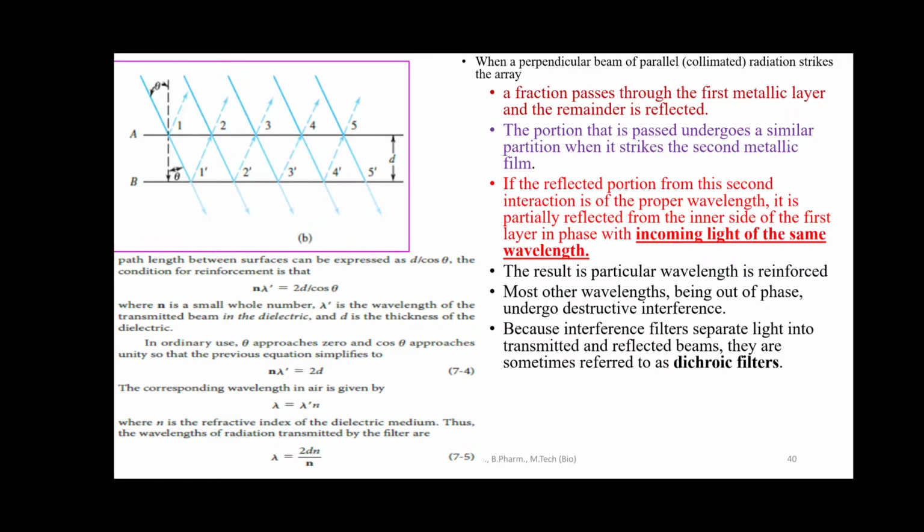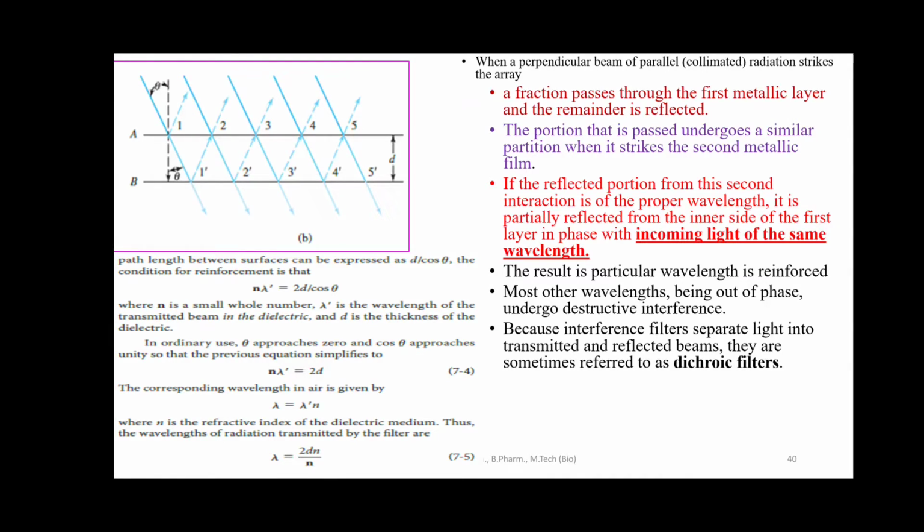First of all, at the first metallic film, the light rays get transmitted and reflected, and the same thing happens in the second metallic layer. So if the reflected portion from the second interface is of the proper wavelength, meaning it is partially reflected from the inner side of the first layer in phase with incoming light of the same wavelength, that is the main thing.